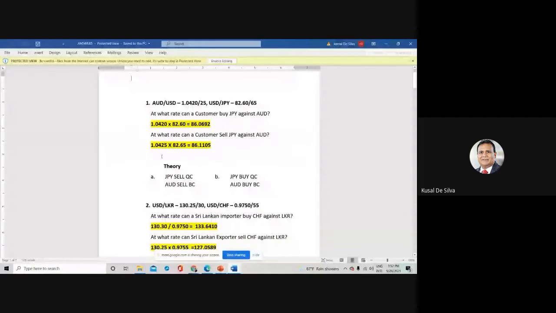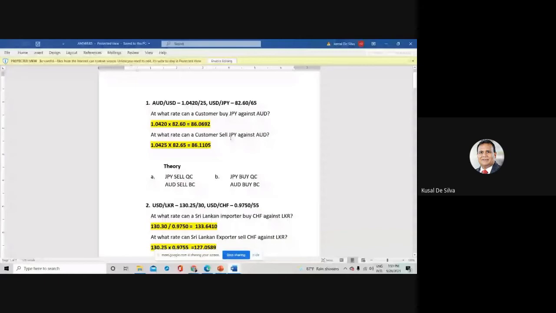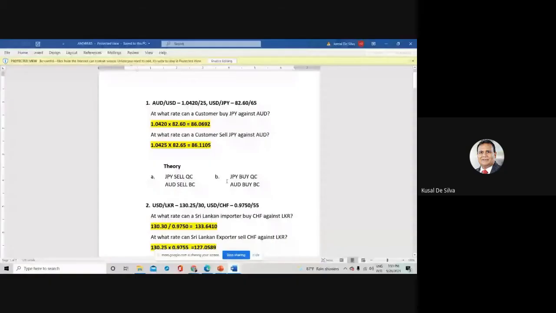Here the customer can sell JPY, so the bank will buy JPY. The bank will buy base currency.